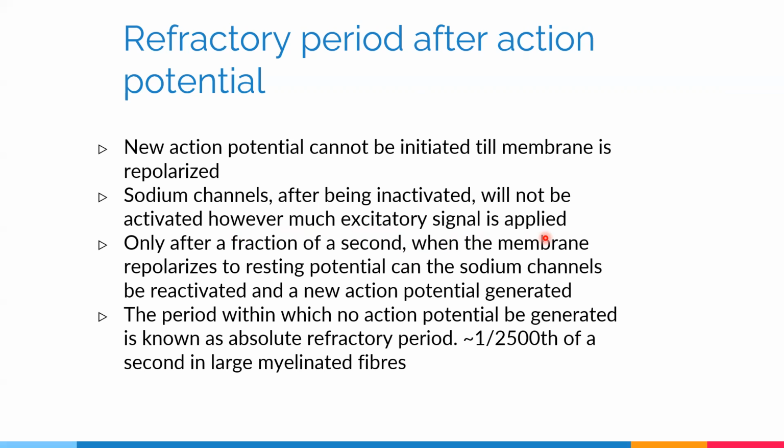As we have seen before, around minus 70 millivolts, the activation gate should open. Even if the activation gate opens, because the inactivation gate is still closed, the sodium ions cannot get into the cell. And as sodium ions cannot get into the cell, the next action potential will not be generated.